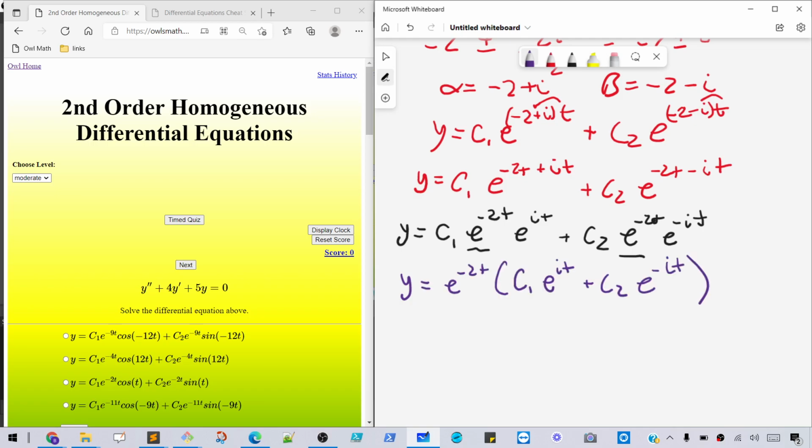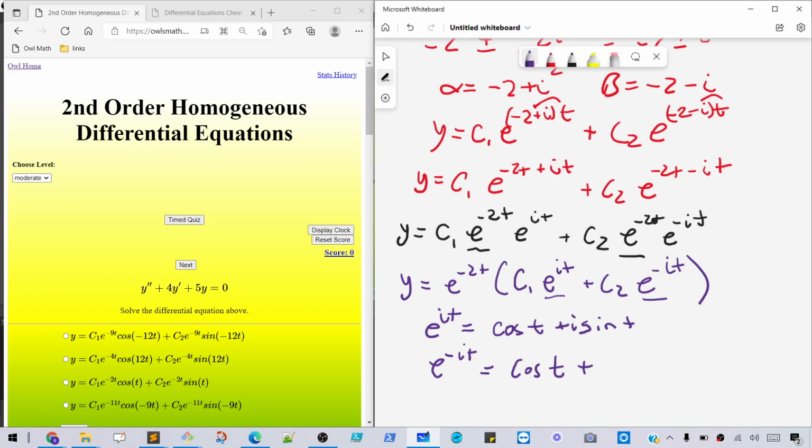And what we can do next is we can use Euler's formula on these terms. So let's write those out aside. Just using Euler's formula, that'll be that. And then this other term will be cosine of negative t, but cosine of negative t is the same as just cosine of t.